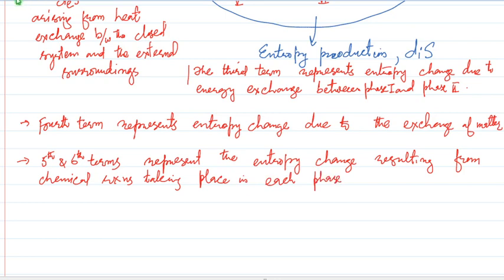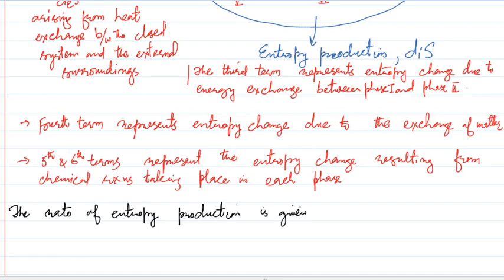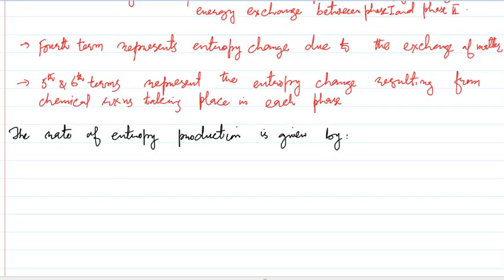So now we can write the rate of entropy production, which is simply for the open system.